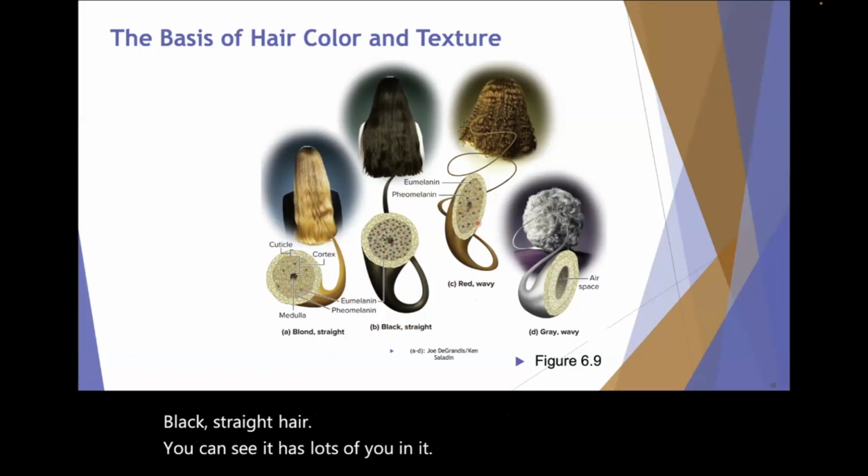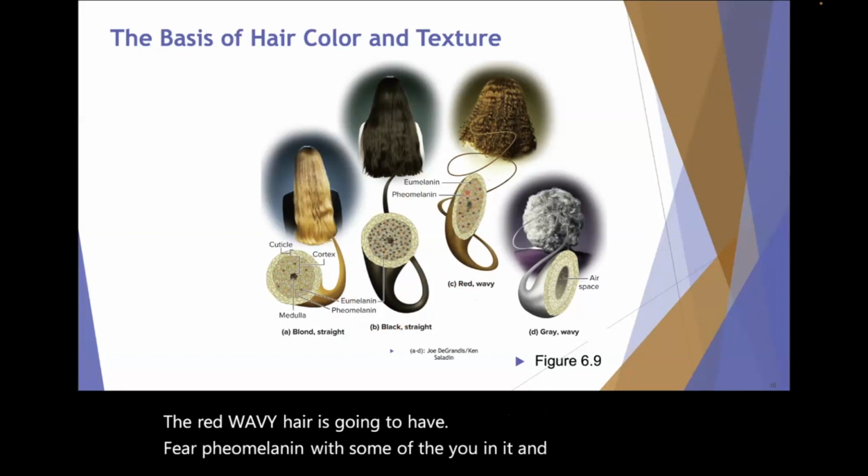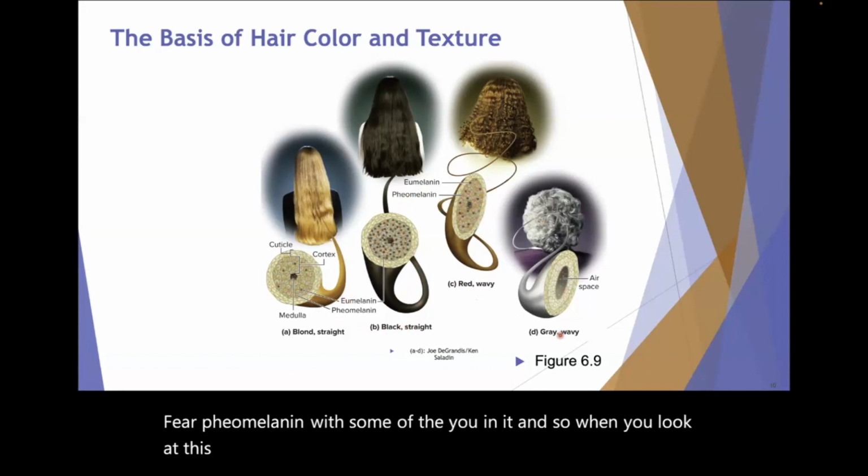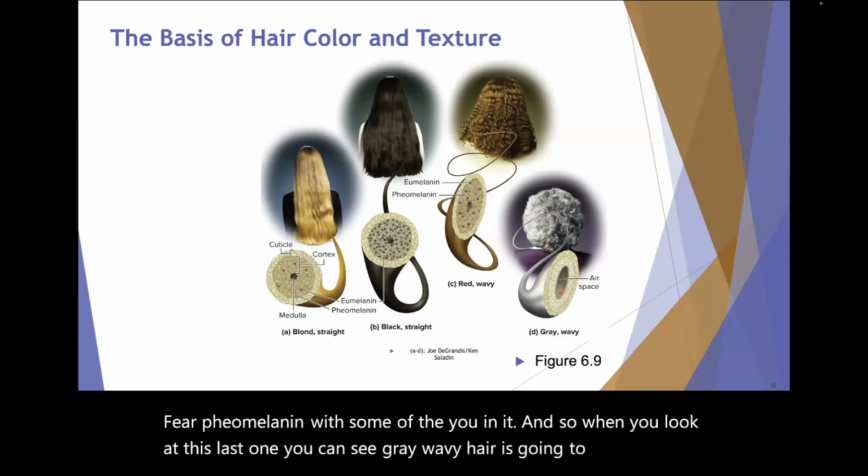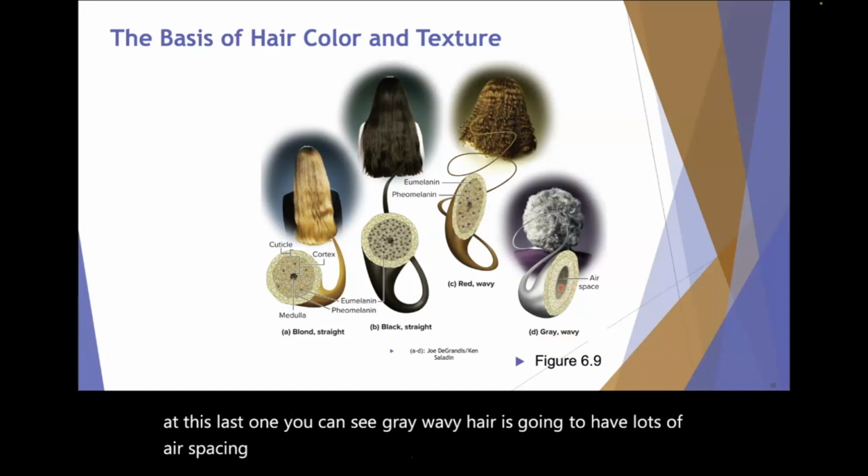Red wavy hair is going to have pheomelanin with some of the eumelanin in it. And when you look at this last one, you can see gray wavy hair is going to have lots of air spacing within that medulla, and neither of the melanins.